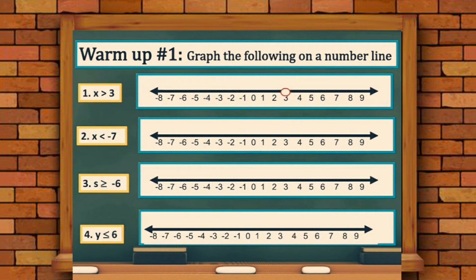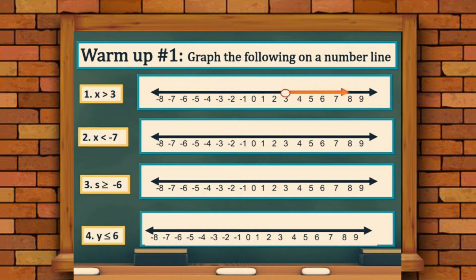And since x is greater than 3, we will just think of those numbers that are greater than 3. And yes, you're right. The numbers greater than 3 are positive 4, positive 5, positive 6, and so on, or positive infinity. And then, we will put an arrow or ray going to the right that indicates no end points.